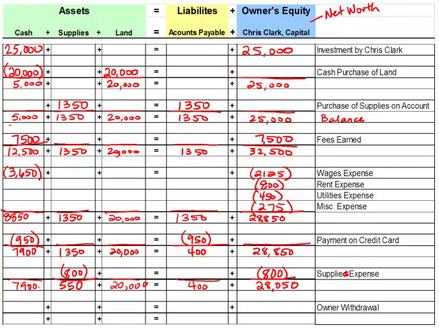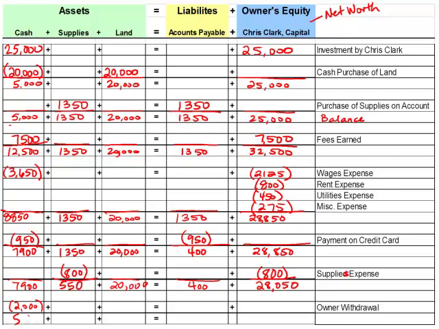The last thing that happens, he takes out $2,000 for personal use. So it's to buy his son a car or something. It has nothing to do with the business. He's the owner. He can take out money whenever he wants to, as long as it's there. So what's going to happen here? Okay, equity and cash, so take out $2,000.